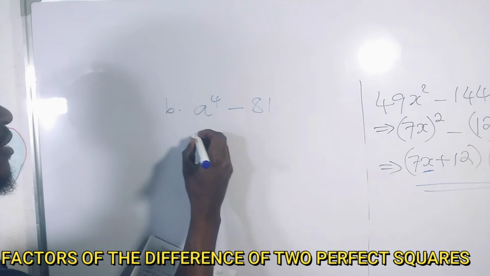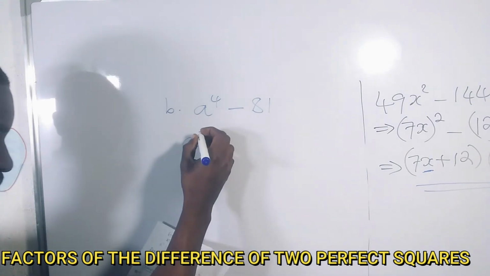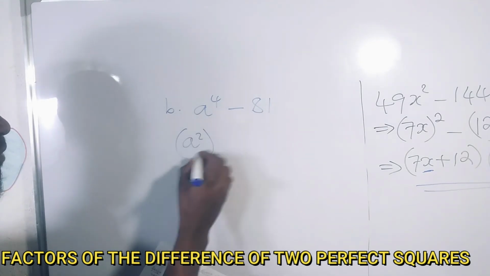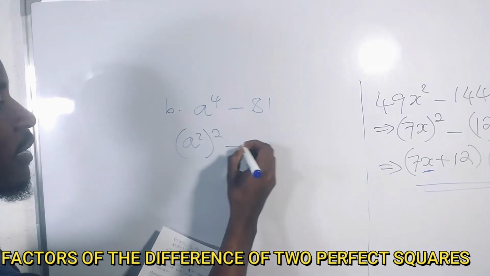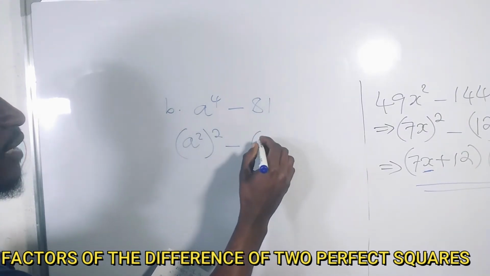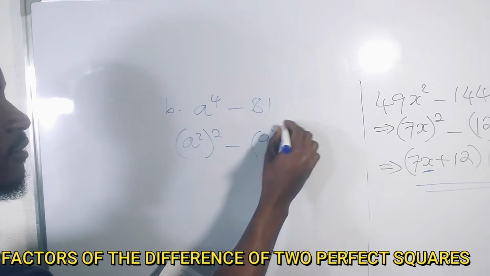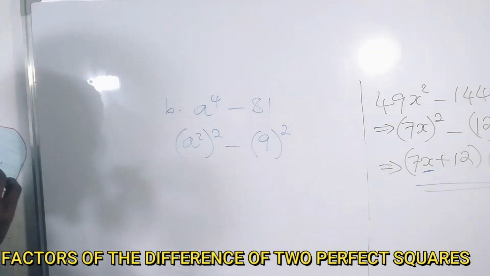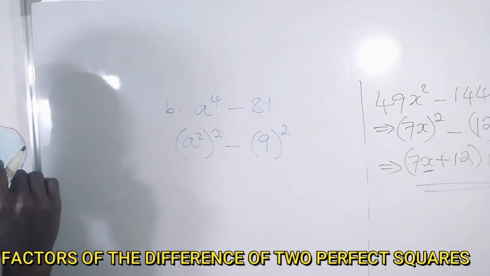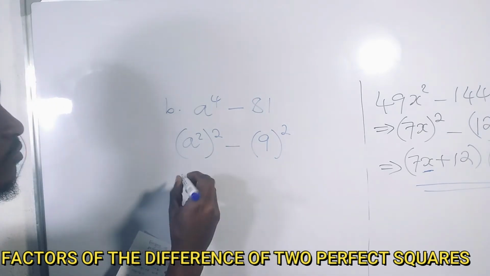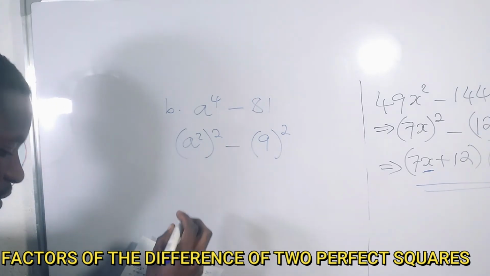So we are going to say this is (a squared) squared minus, then the square root of that is 9, and then square it. So what is going to happen is that we are going to pick the commons.